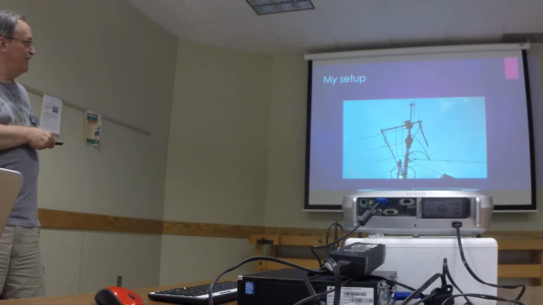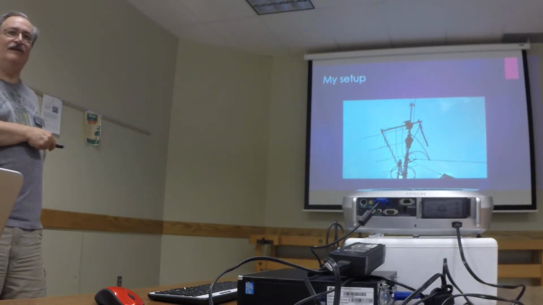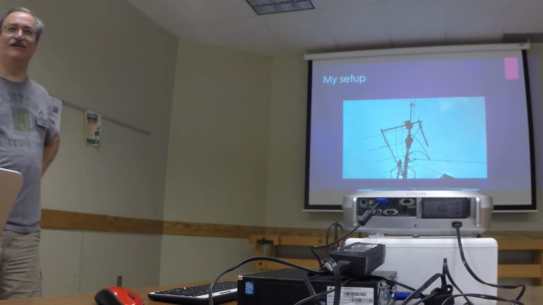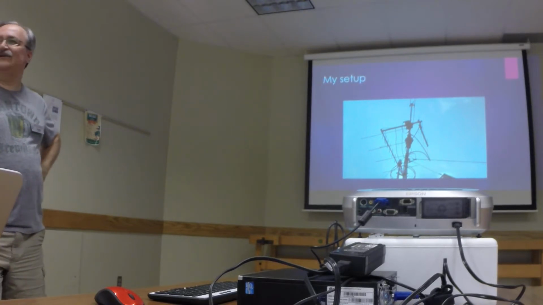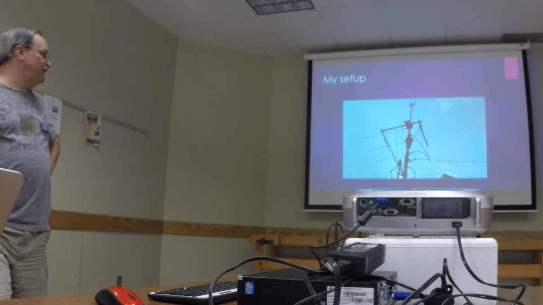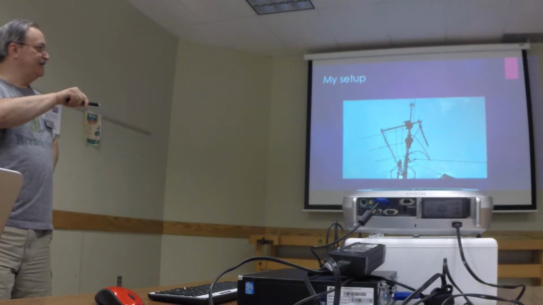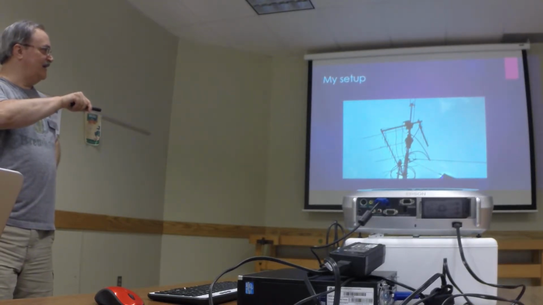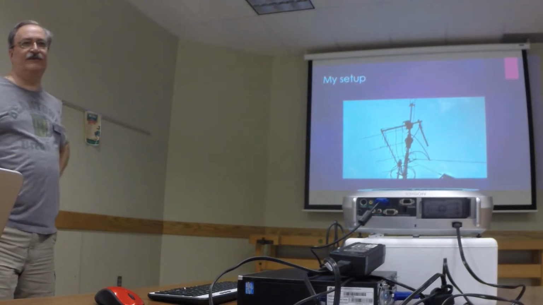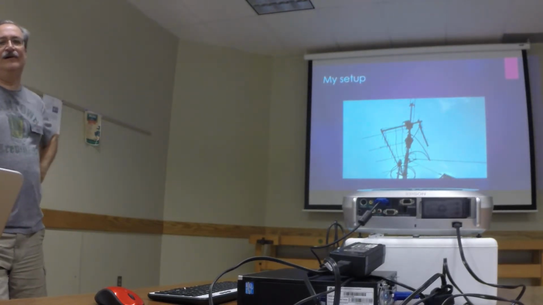Up here, that's my satellite bullet antenna for GPS. And that's an FM antenna because I sometimes listen to FM stereo. So that's all of my high frequency stuff there. And I have an off-center fed 40-meter antenna that you're seeing the beginnings of here. And right here, you can kind of tell there's a little piece of ladder line showing, and that's the one that I use on 30 meters for WSPR.